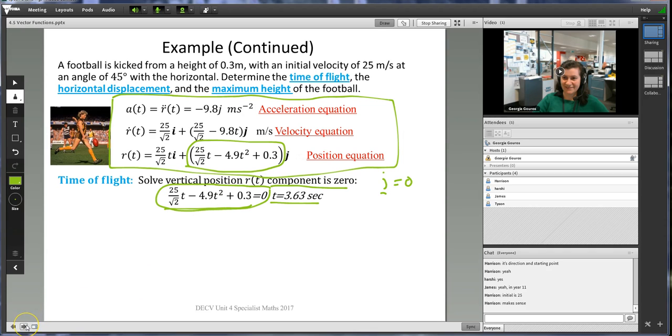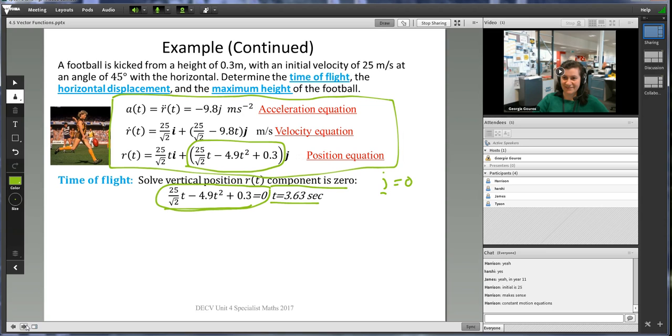Now I can use that to work out a lot of other things. I can use it to work out the horizontal displacement. How do you think I might work out the horizontal displacement? How do we work out the displacement of something? Constant motion equations.